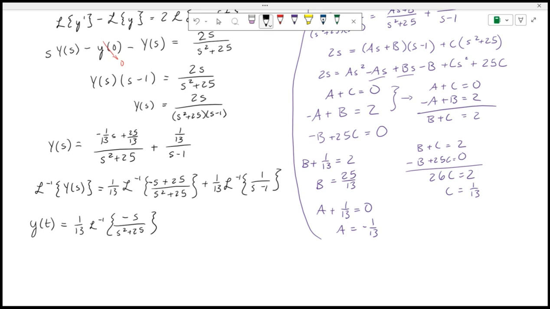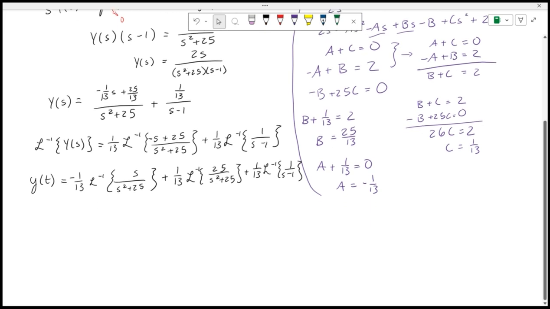And then I'll have a second Laplace inverse, still with the 1/13th out front, for the 25 over s squared plus 25. And now these are all broken down and ready for me to evaluate. Actually, I'm going to go ahead and pull the negative out of this first one as well and put it with the 1/13th, just to make it match the table.